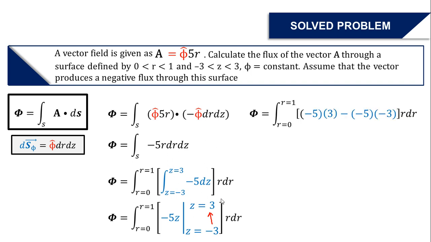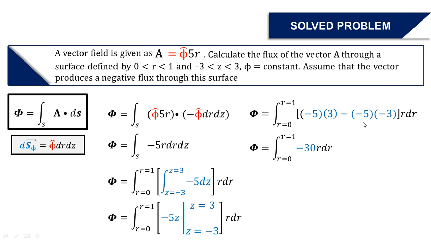Evaluate na natin. So, that will give us the integral from 0 to 1 ng r, then ito ay negative 15 minus positive 15 r dr. So, lumalabas pala dyan ay negative 30 r dr. Okay?